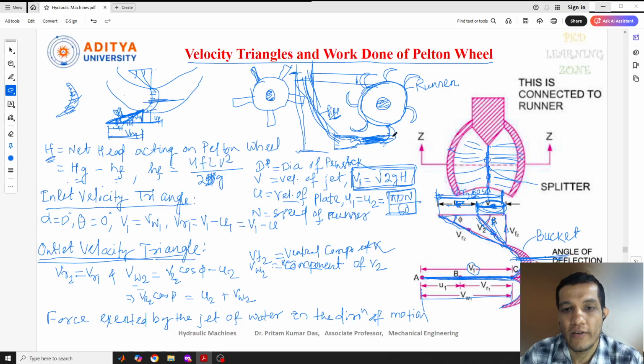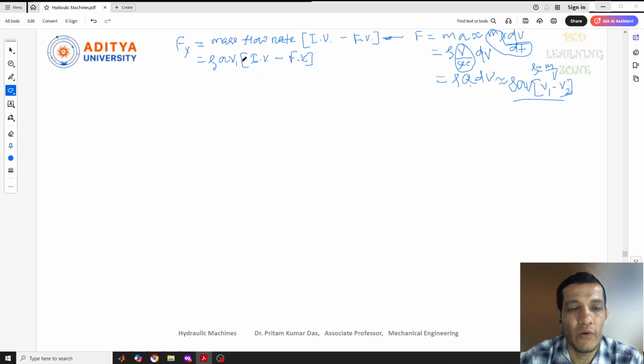But here you can see one plate is moving, another plate is coming, that plate is moving, another plate is coming. So there is continuous plate movement, and the impact of jets will be on the plates. So while taking the mass flow rate, we need to consider only V1, not VR1, keep in mind.